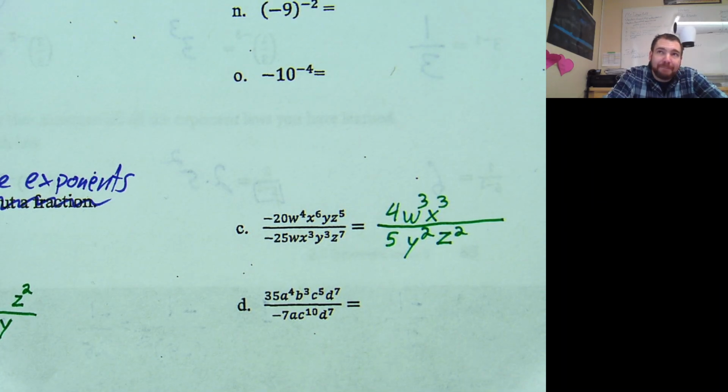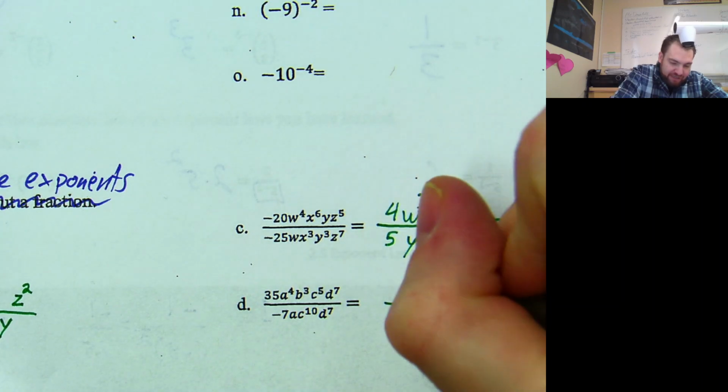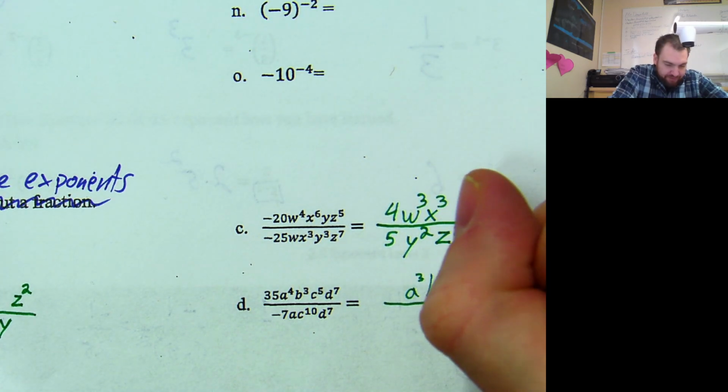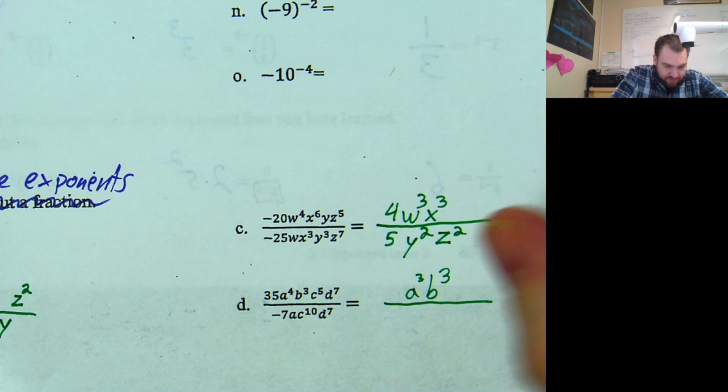Okay. So you have an a cubed in the numerator. Okay, so we have a b cubed in the numerator. Correct.